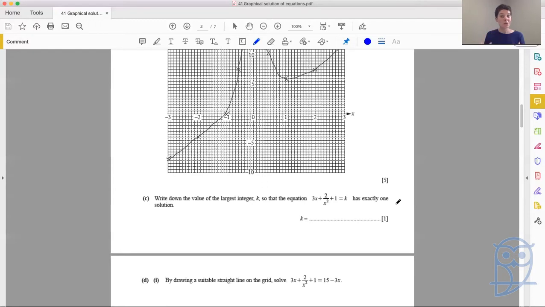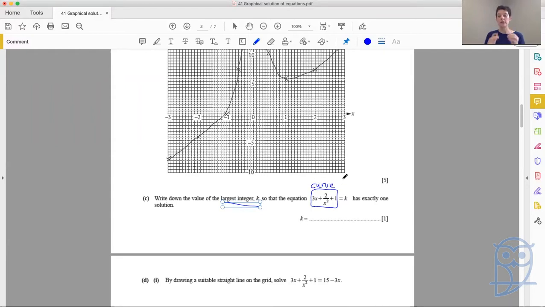So the first part of this question asks us to write down the value of the largest integer k, so that the equation 3x plus 2 over x squared plus 1 equals k has exactly one solution. The thing to always look for and circle is your curve.